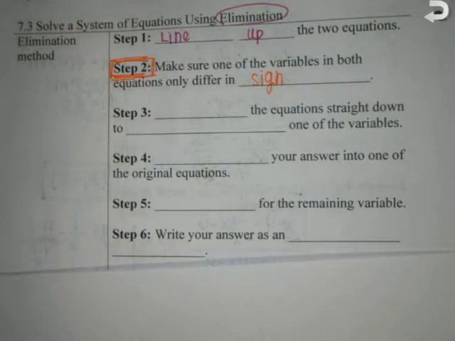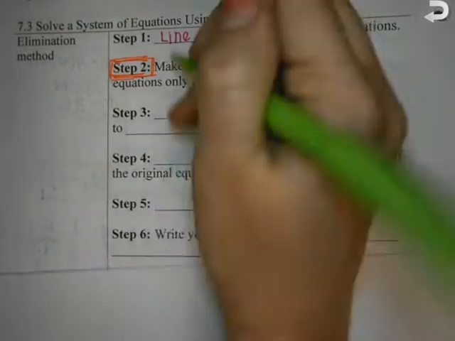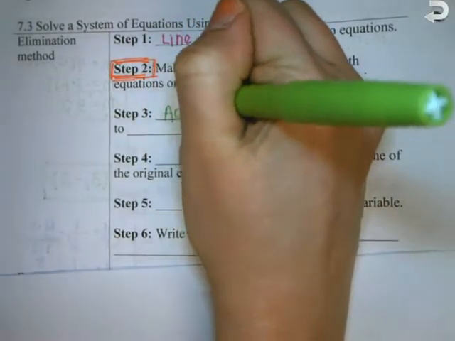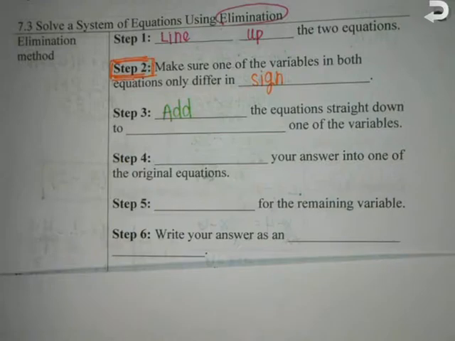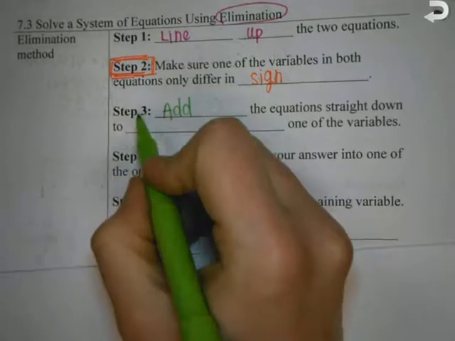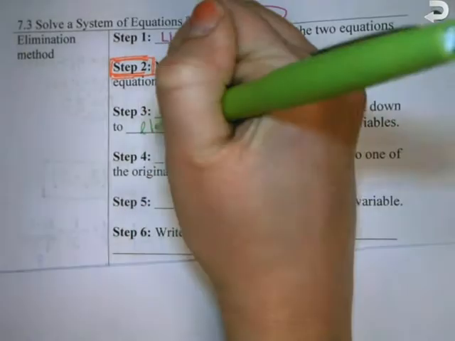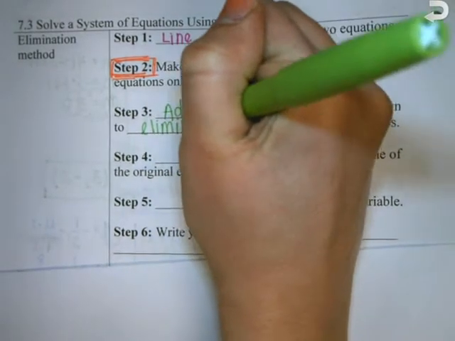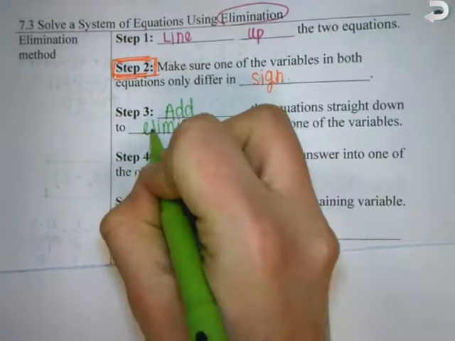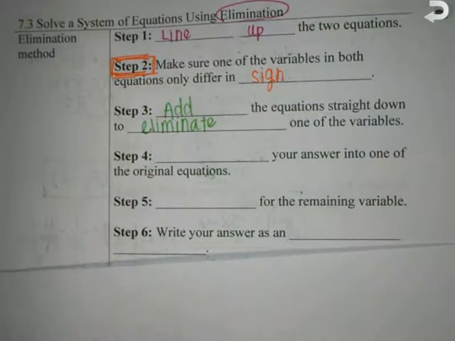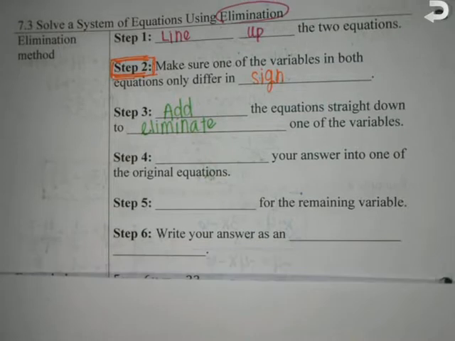Okay? Step 3, we are going to add both equations straight down, and that's going to eliminate one of the variables. So you're going to add the 2 equations together, which will eliminate one of the variables. Okay, which will mean that we can solve for whatever variable is left.